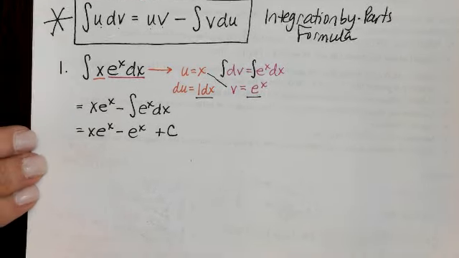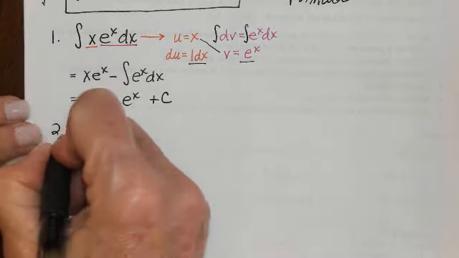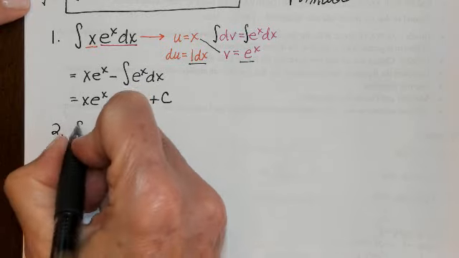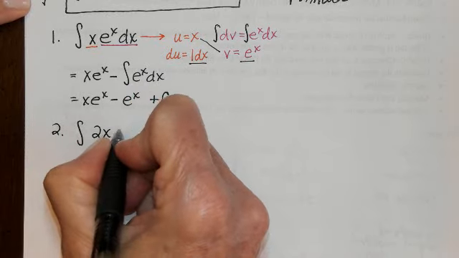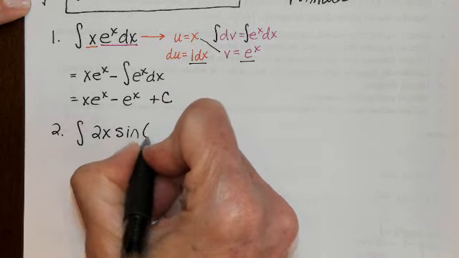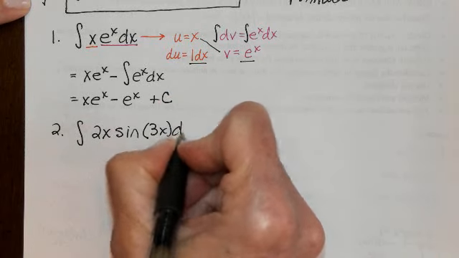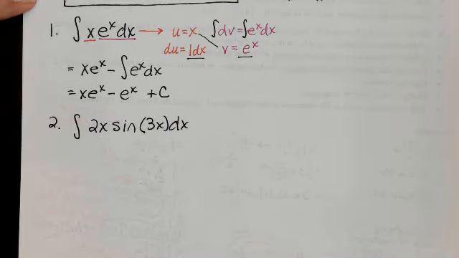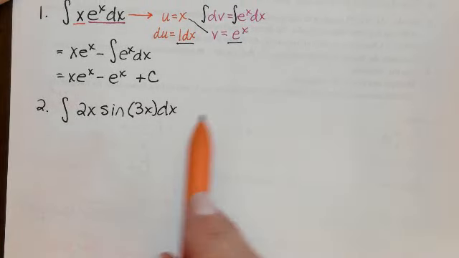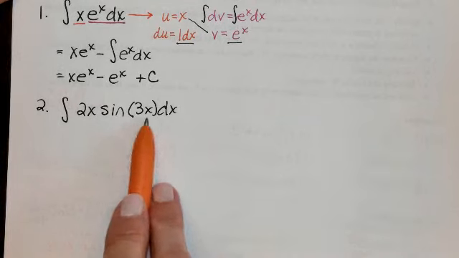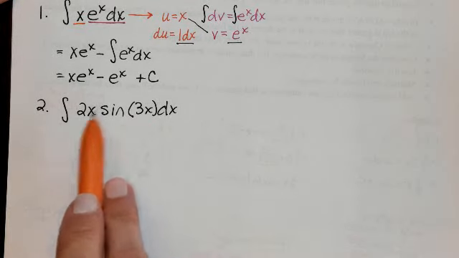Okay, let's do another example. Number 2. The antiderivative of 2x sine of 3x dx. So the first thing I would do is try to do a u sub. If we did a u sub, u would be 3x. du would just be a 3.